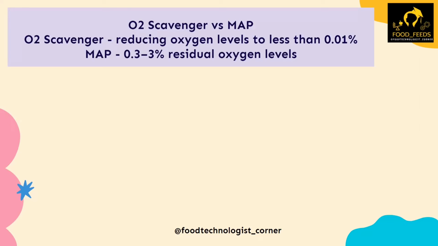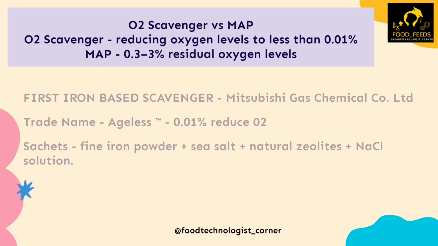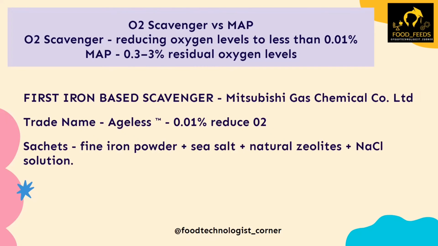Whereas in the case of modified atmospheric packaging, the reduction of the oxygen level is around 0.3 to 3%. The first iron-based oxygen scavengers were marketed in Japan under the trade name Ageless, which helped us to reduce it to 0.01%. These sachets consist of fine iron powders along with sea salt, natural zeolites, and sodium chloride solution.